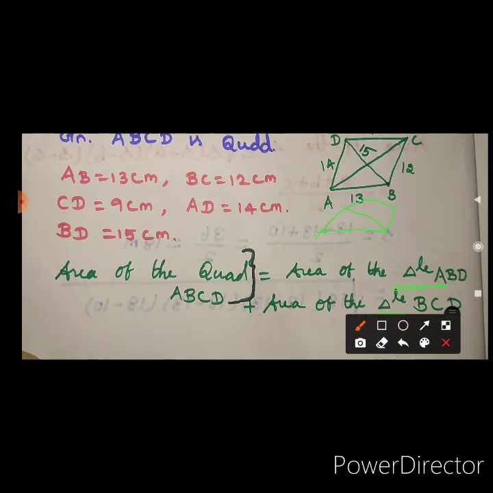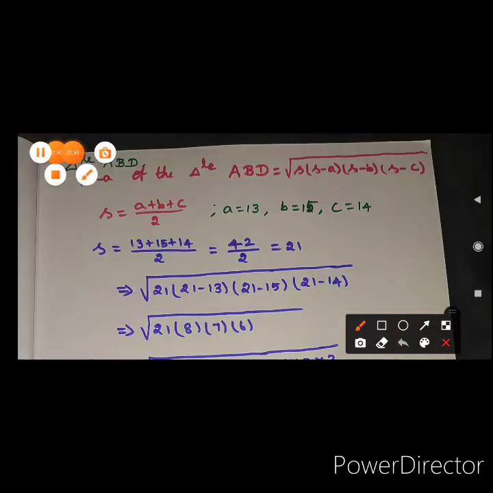Now we are splitting quadrilateral ABCD into area of the triangle ABD and area of the triangle BCD. First we have to find out triangle ABD.